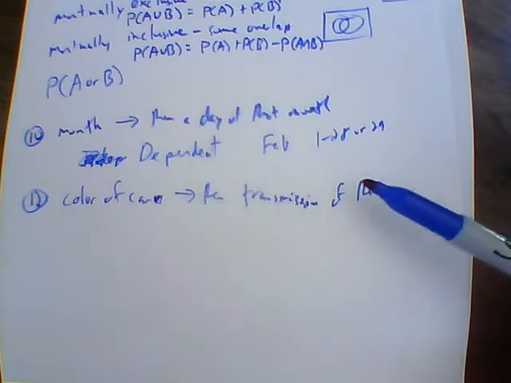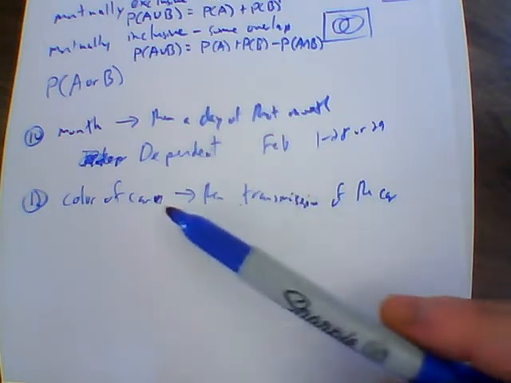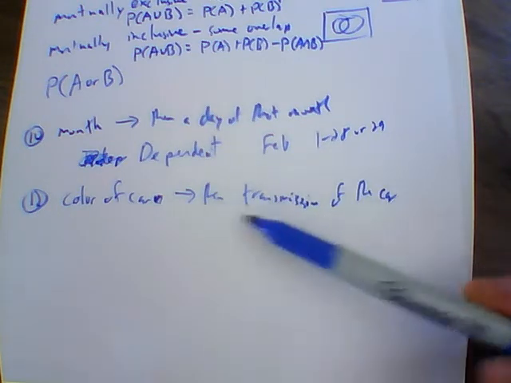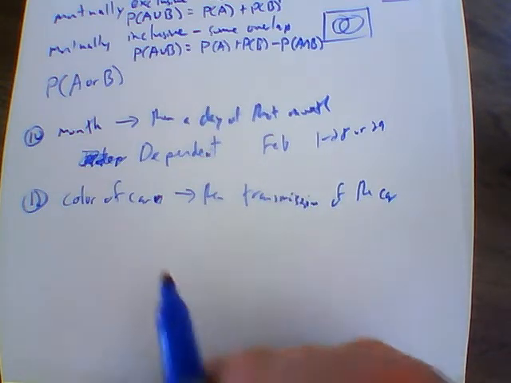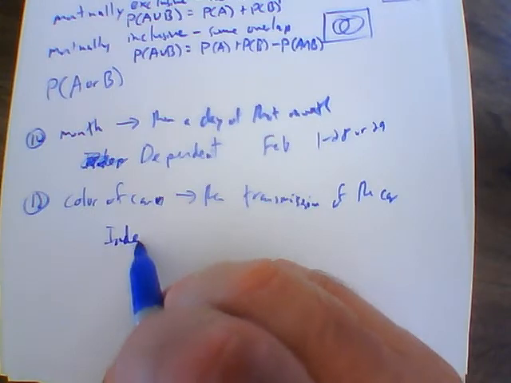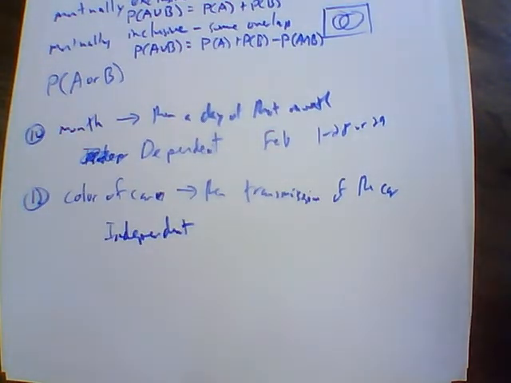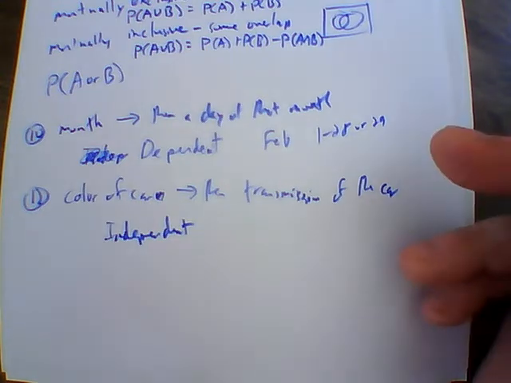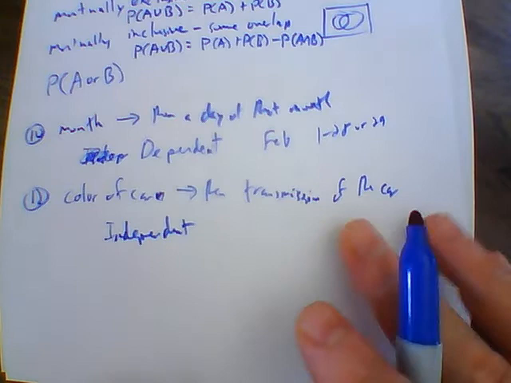Well, do all blue cars have manual transmissions or automatic transmission? No, there's no influence here. This color does not determine what this outcome can be. It could be either or in any case. So we see that these are independent of each other, and then we could work with them as we consider what's happening.